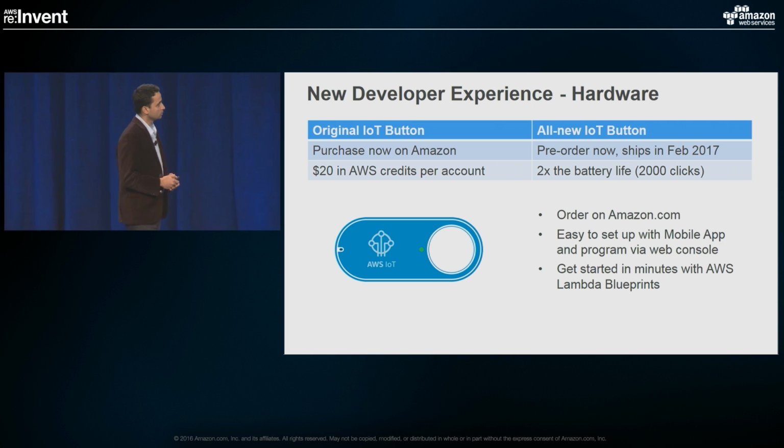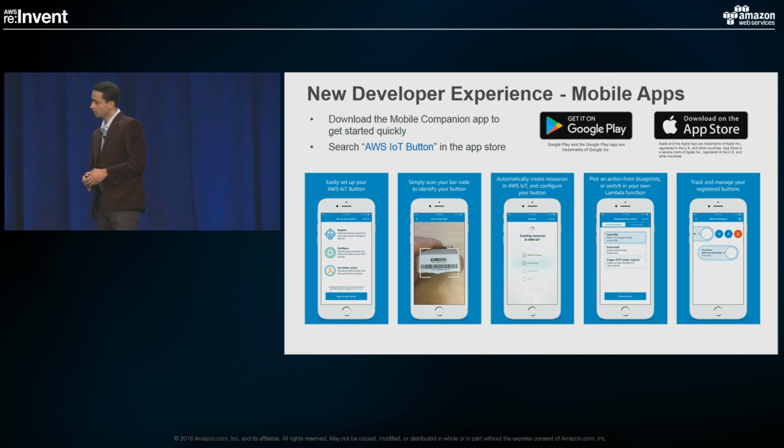The second thing we're doing is we really want to make it simple for developers to get started with it. We talked about the fact that the button has Wi-Fi, the button has security credentials, so you get the certificate from AWS Cloud, you have to put it onto the button, you have to configure it, you have to write your Lambda functions. So today, we launched 2 new applications on the Google Play Store and Apple Store, iOS and Android, where it'll really walk you through a wizard.